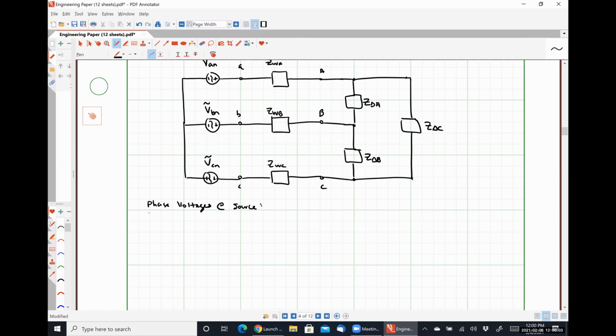What are phase voltages on the source side? All with lowercase letters, right?